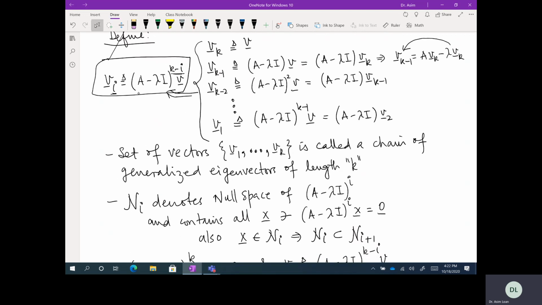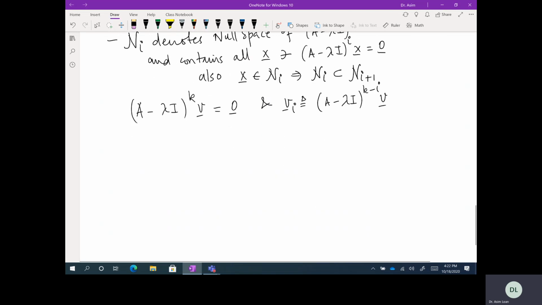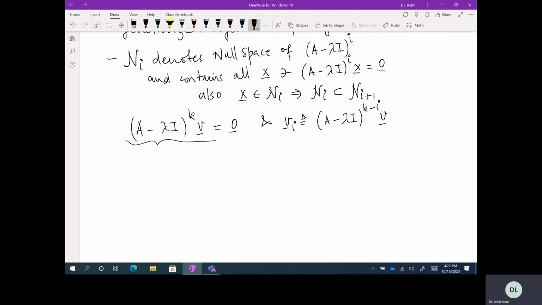So A minus lambda I into A minus lambda I to the k minus i into v equals 0.